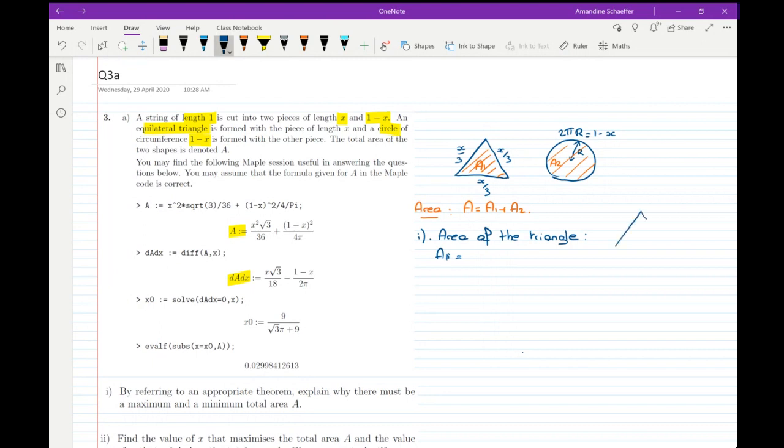So we need this. Let's call this h, the height of the triangle. So we have this is x on 3. This here is going to be x on 6.